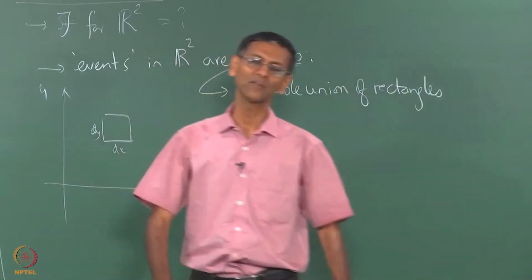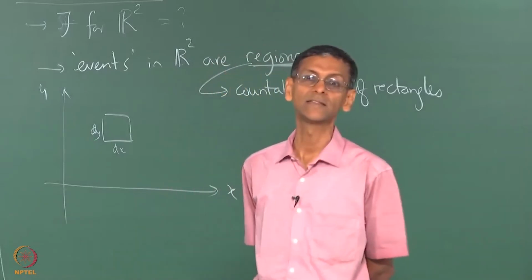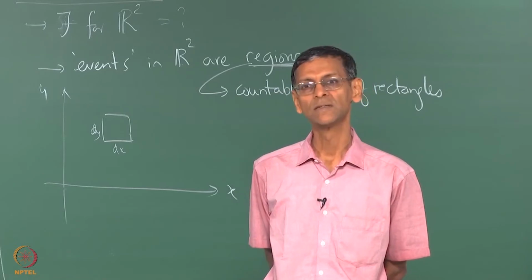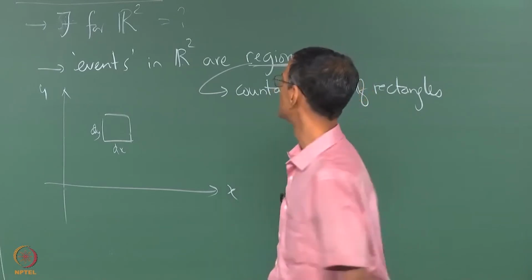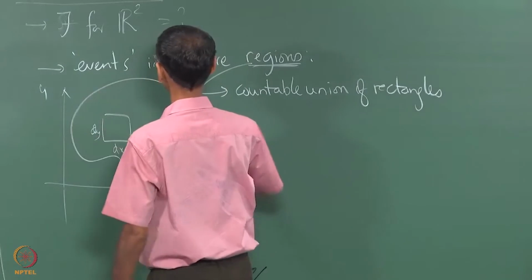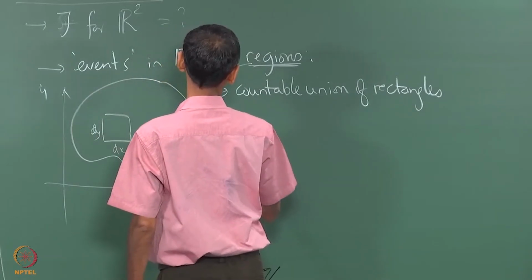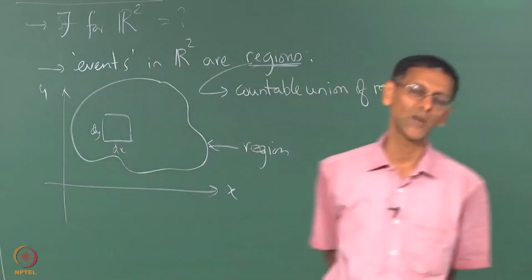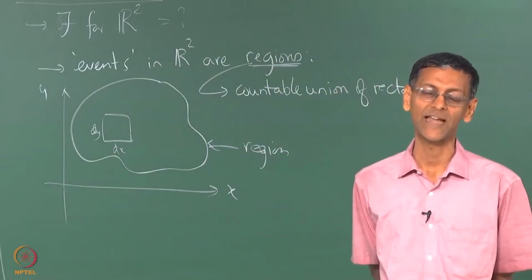And what kind of sets can you build with such rectangles? It turns out you can build pretty much any arbitrary region, right. So if I have something like this, some region like this, how do I express this, right, that set of points in the xy plane as a countable union of such rectangles?